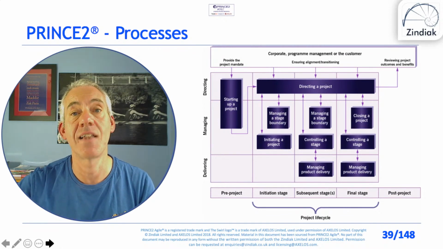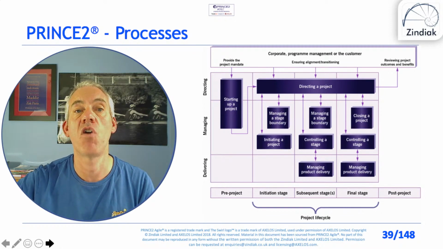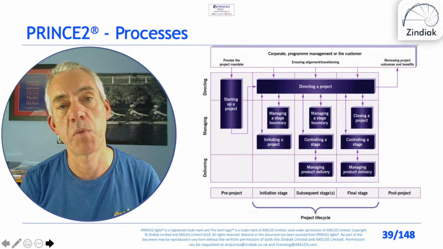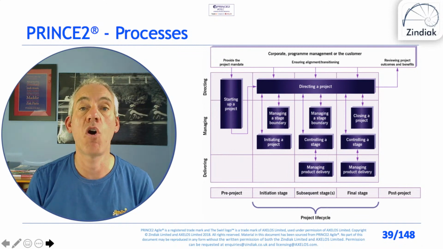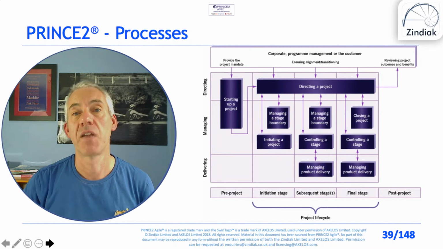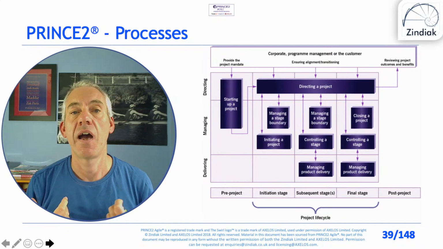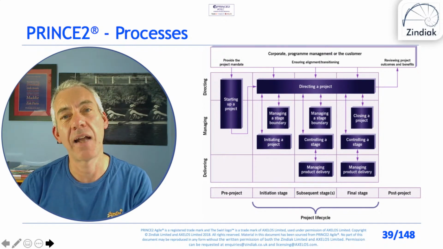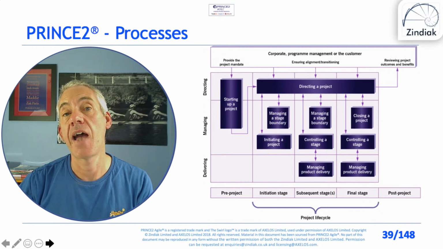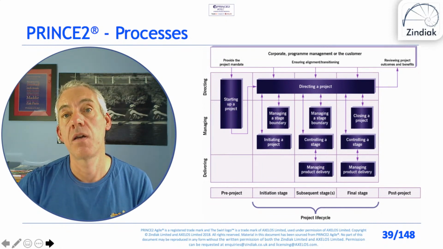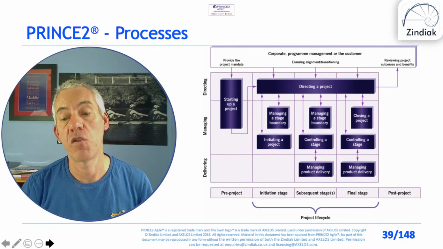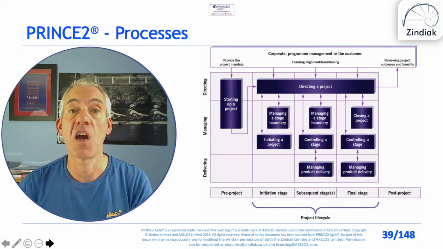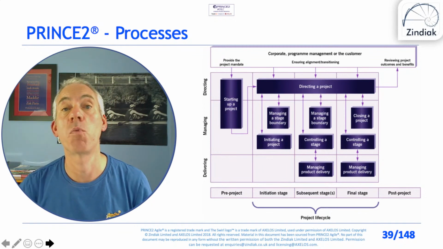And ultimately we get to the last stage, the final delivery stage, and then rather than going into the managing a stage boundary process, we're going to the closing a project process, which is very similar, except rather than presenting a plan for the next stage, I ask for authority to close the project. And in terms of plan, I just need to show that any subsequent work has been handed over, or we know who we're handing over to, so we know where it's going, we know what's happening post-project.